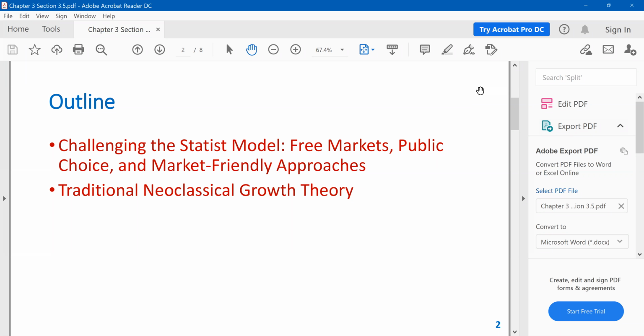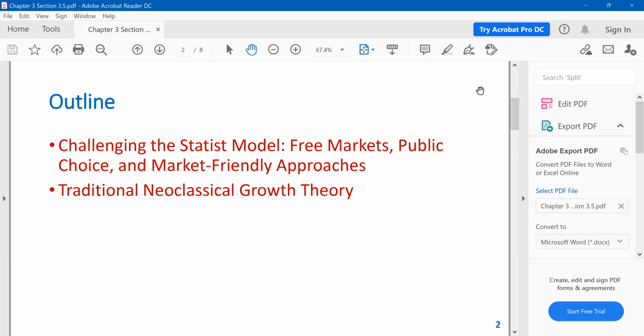They differ with respect to how severely they're against the statist model, but typically they're all based on the same principles. Then I will show you very briefly what the traditional neoclassical growth theory tells us and how it motivates these market fundamentalist views.